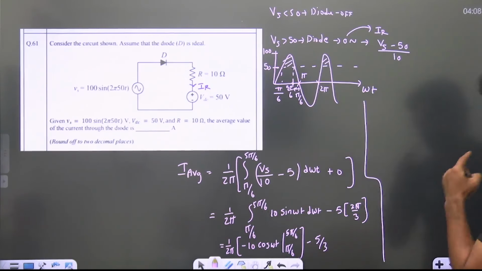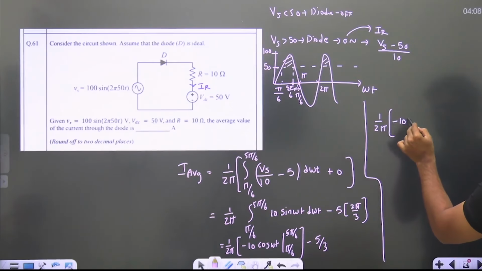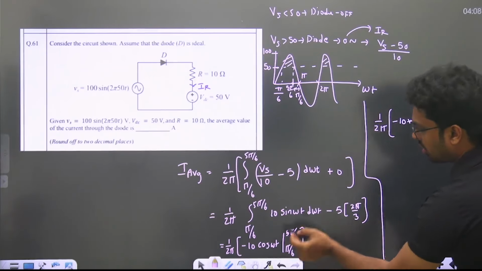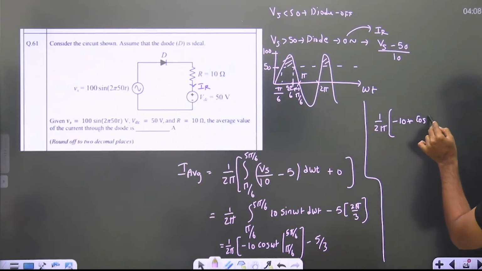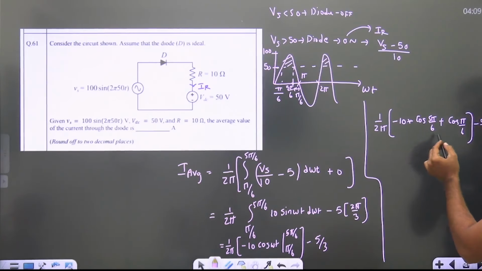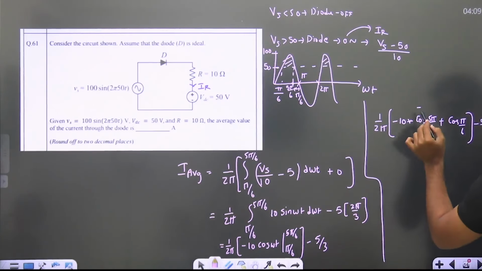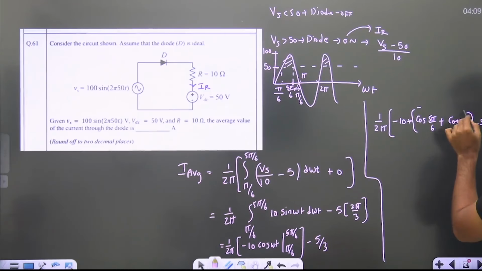Now 1 by 2 pi, minus 10 into cos 5 pi by 6 minus cos pi by 6. So this will be minus root 3 by 2, and minus of minus gives plus root 3 by 2. Minus 10 is common here for that calculation.